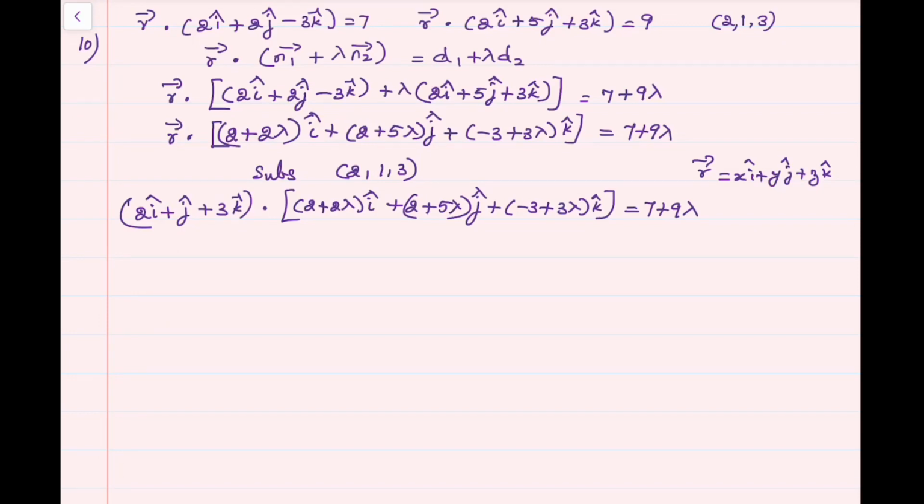Let us do the dot product. Corresponding components should be multiplied. 2 times 2 plus 2 lambda plus 1 into 2 plus 5 lambda and plus 3 times minus 3 plus 3 lambda is equal to 7 plus 9 lambda.